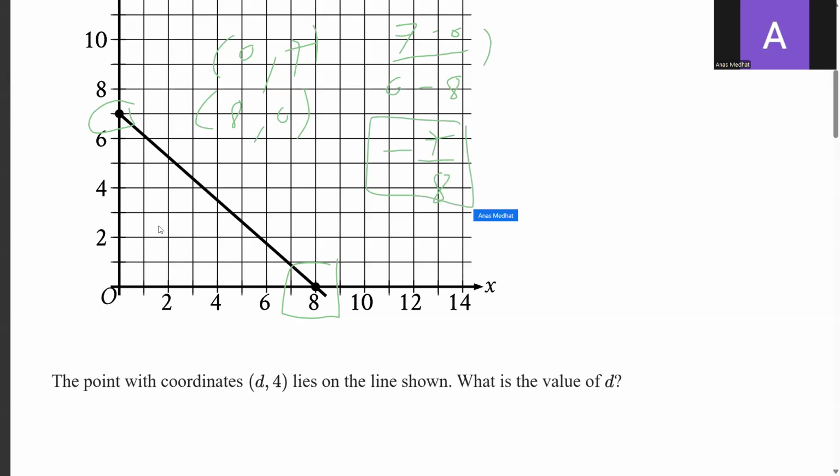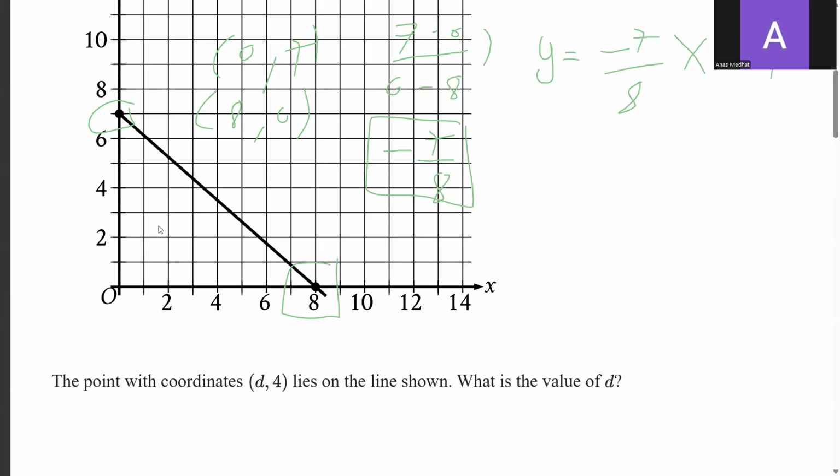This is the slope. The y-intercept, you can get it directly from the graph, which is 7, the value of y when x is equal to 0. So our equation is y equals negative 7 over 8 x plus 7.